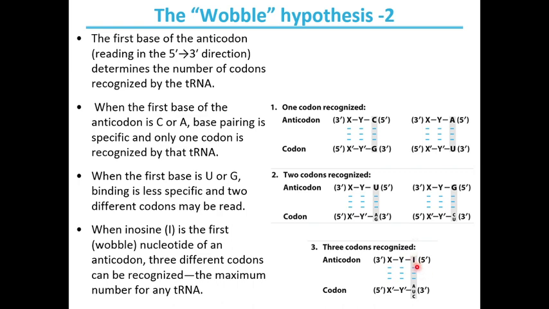So I can hydrogen bond with A, U, and C, except G. An easy way to remember is this: inosine looks like guanine, so inosine cannot hydrogen bond with guanine, but it can hydrogen bond with adenine, cytosine, and uracil. And if inosine is the first base of the anticodon, then it can recognize three different bases on the codon. All these 4 points form the second wobble hypothesis.